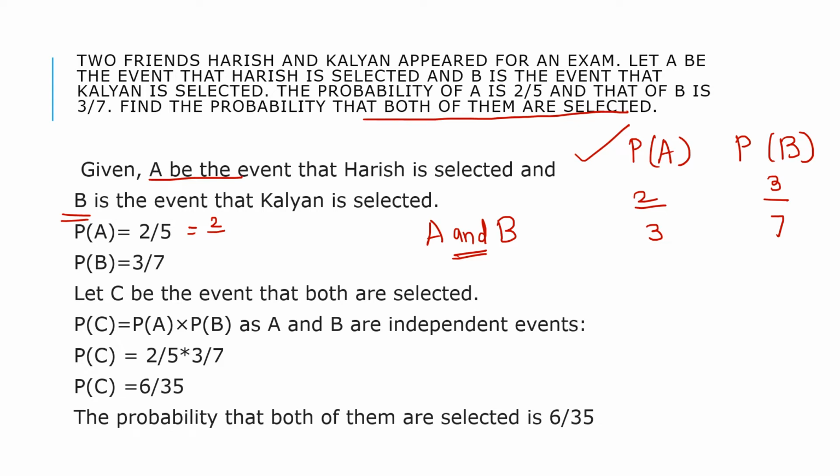So by the multiplication theorem, the probability of Harish and Kalyan both getting selected is the product of both probabilities, 2 by 5 times 3 by 7. So this would be 6 upon 35, and hence the probability of both of them being selected is 6 by 35.